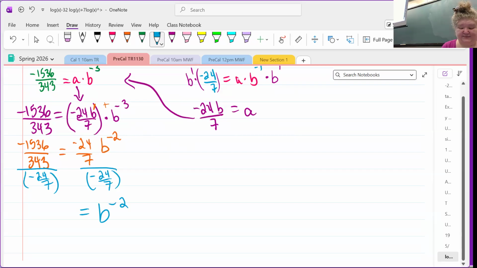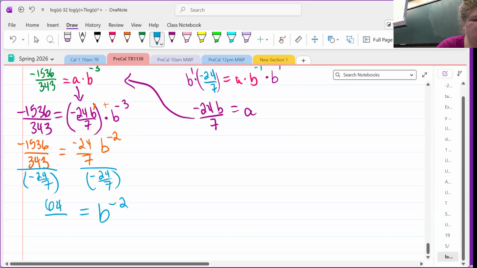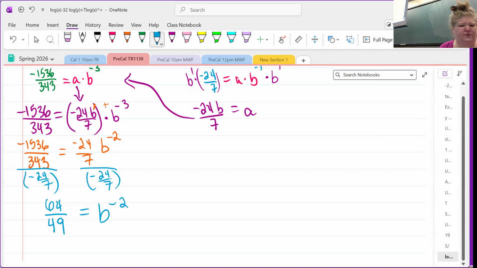So let's see. 1536 divided by 24 ends up being 64. 343 and 7 reduced to 49, and then the 1536 and the 24 end up dividing and become 64. So we get positive 64/49 equals b to the negative second power.